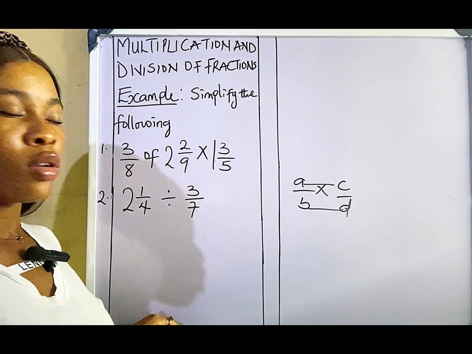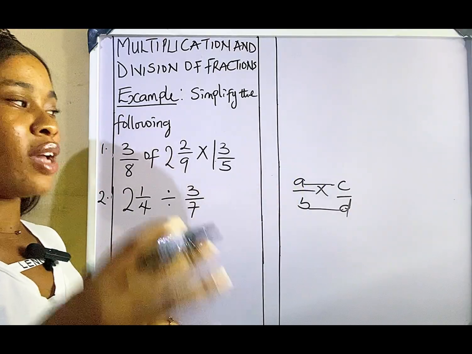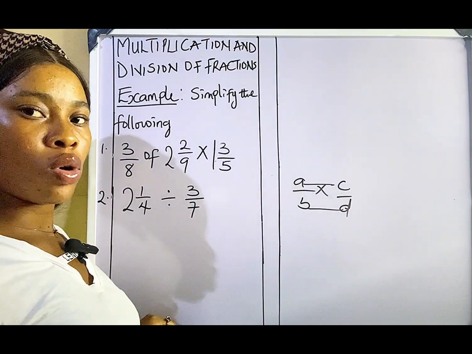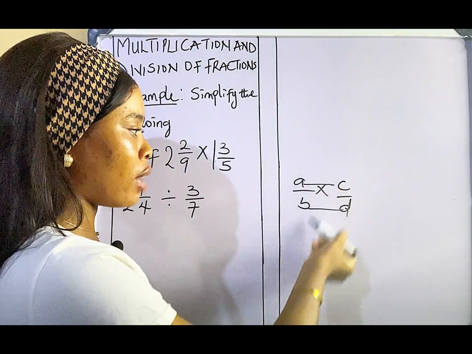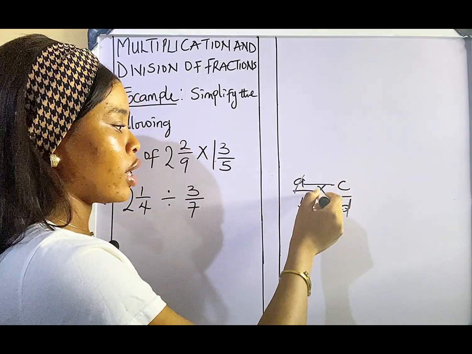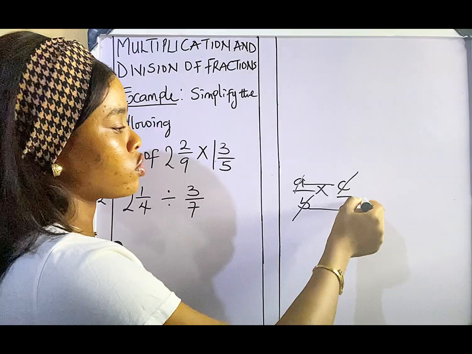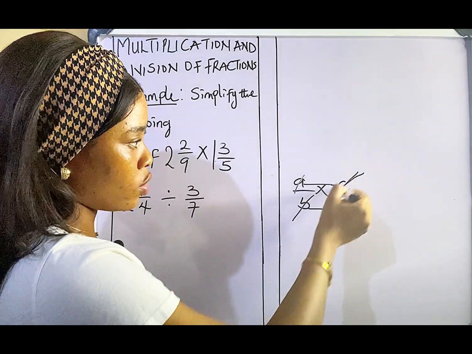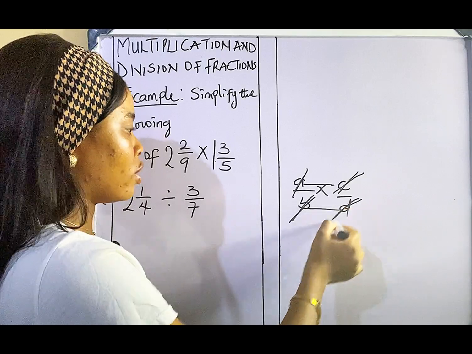But before the numerators multiply each other and before the denominators multiply each other, we first look at what can go. Is there anything that can divide the numerator here and can also divide the denominator? Is there anything that can go here that can also go here?